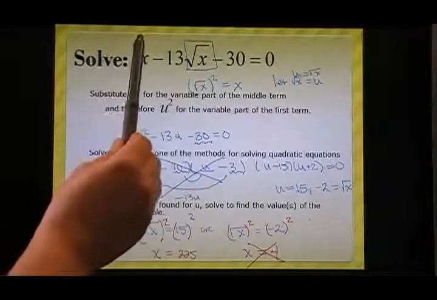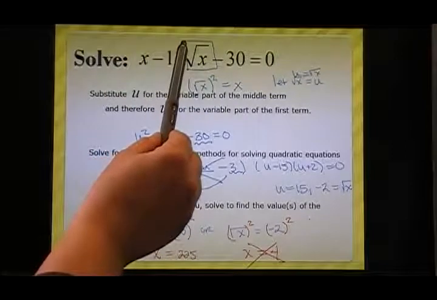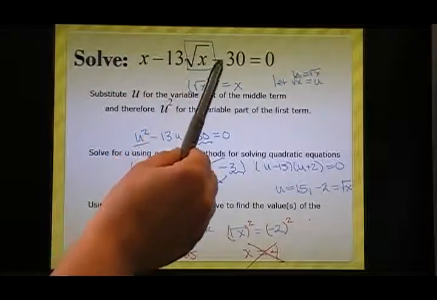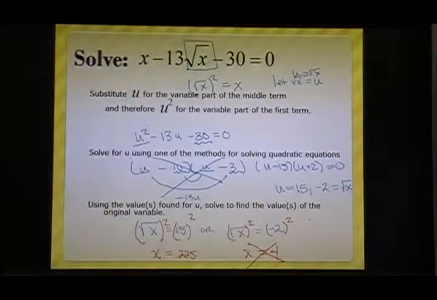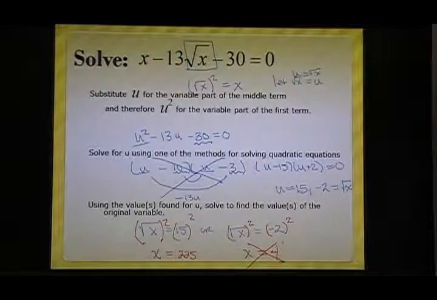So you would have 4 minus 26, which is -22, minus 30, does not equal 0. So this is an extraneous solution. Again, anytime you're solving a radical equation, you do have to check for extraneous solutions.